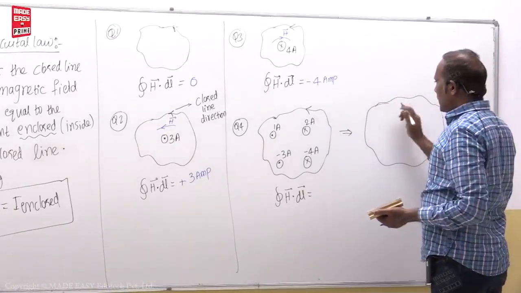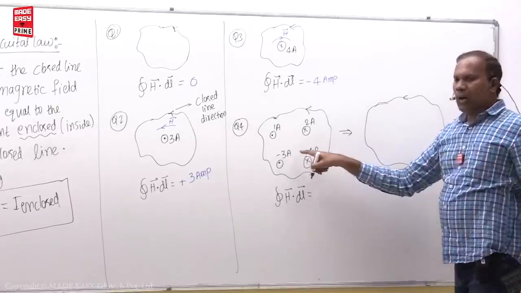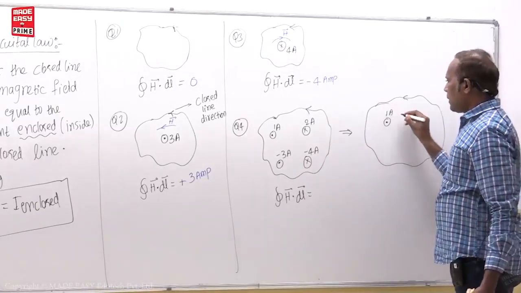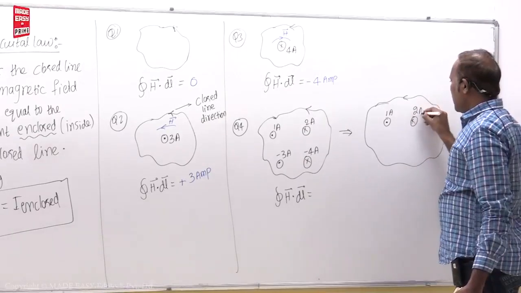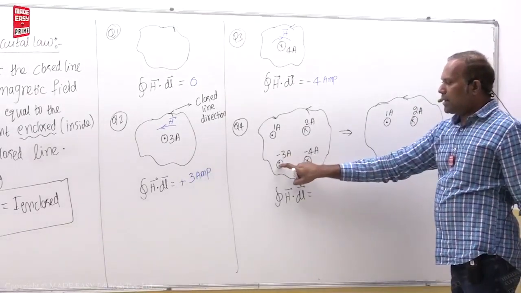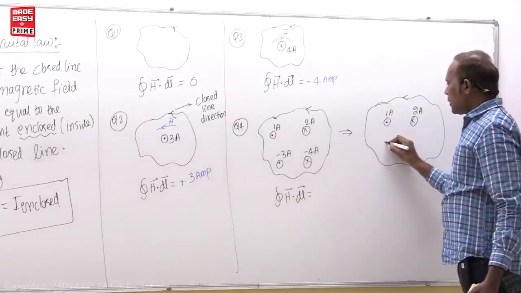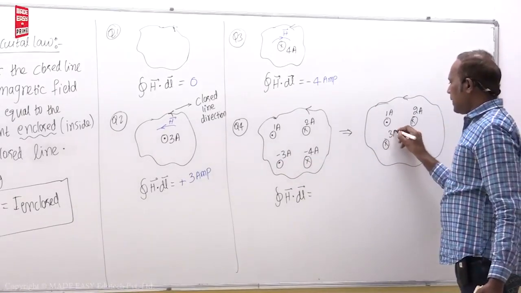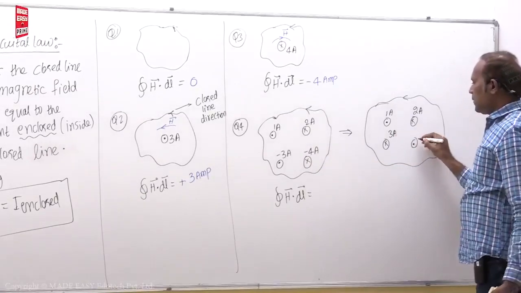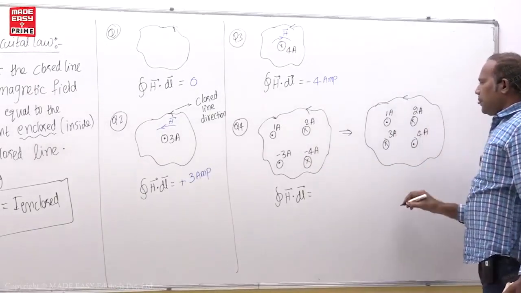Once again you have to draw this diagram by maintaining all positives. Here dot 1 ampere, here cross 2 ampere. To make it positive, you change the sign of this. Dot is there, put the cross and then take 3 ampere. Here cross is there, change the sign, put the dot and make 4 ampere.